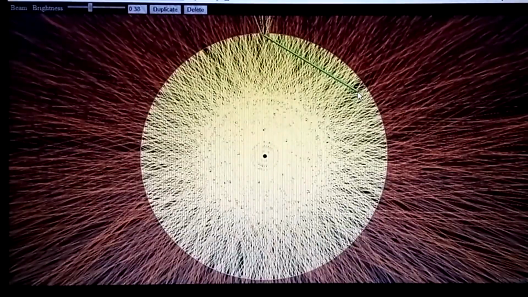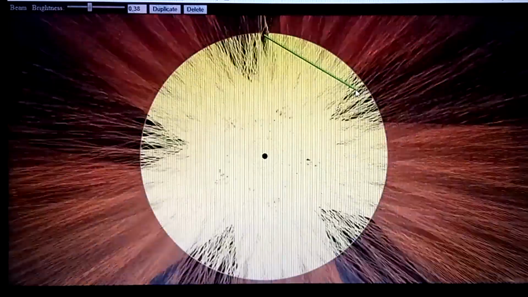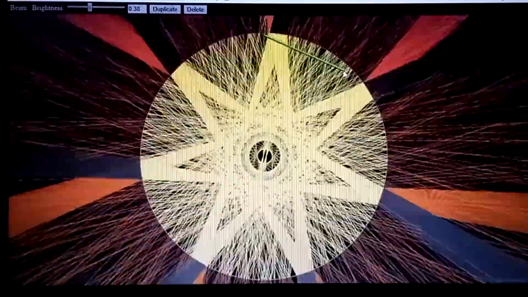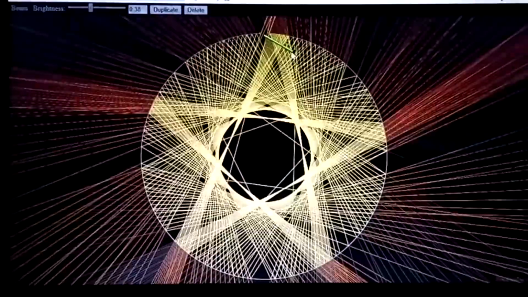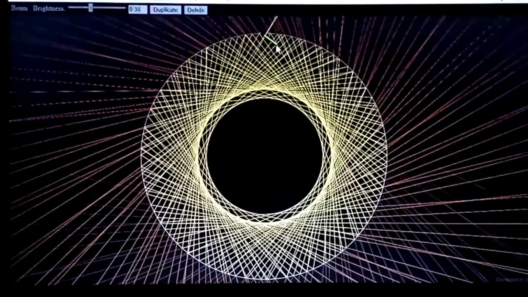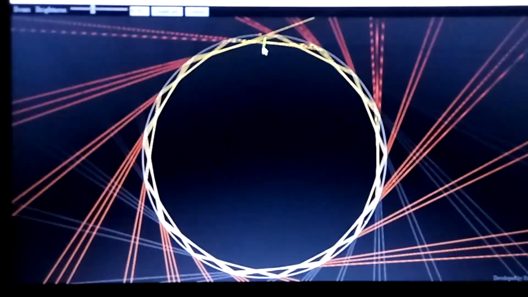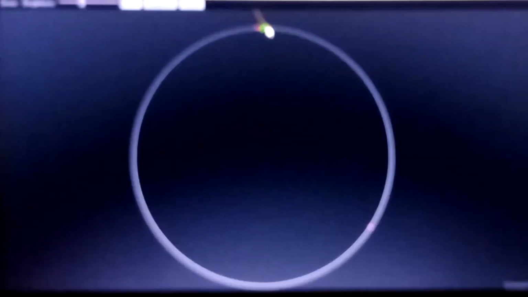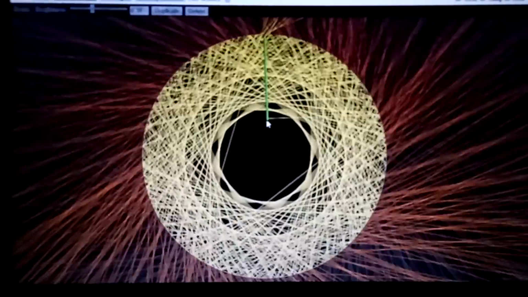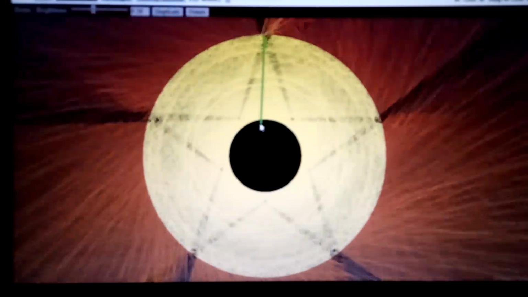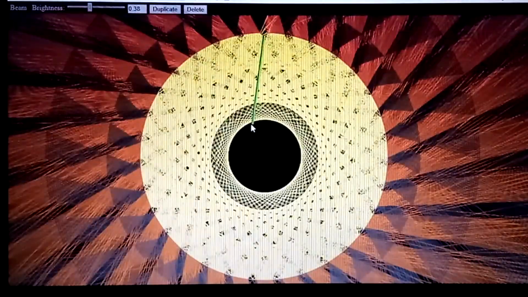So there are multiple beams coming out here at once, creating echoes and all sorts of variables and feedback systems, and it's very cool. It's really almost like it's alive.